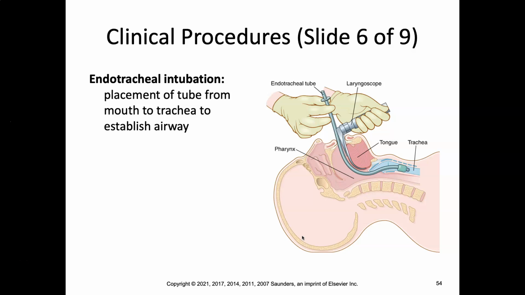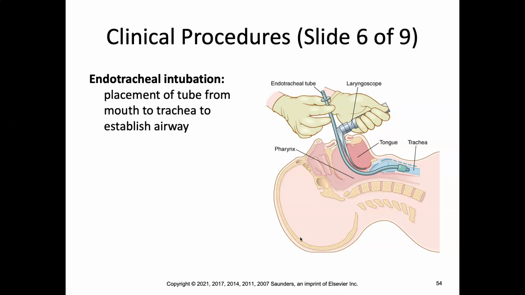If someone is having a difficult time breathing, they will do what's called intubation. They will put a tube through the mouth, down the trachea to establish an airway. They use what's called a laryngoscope, and they put it down there, and they make sure the tube is appropriately placed.